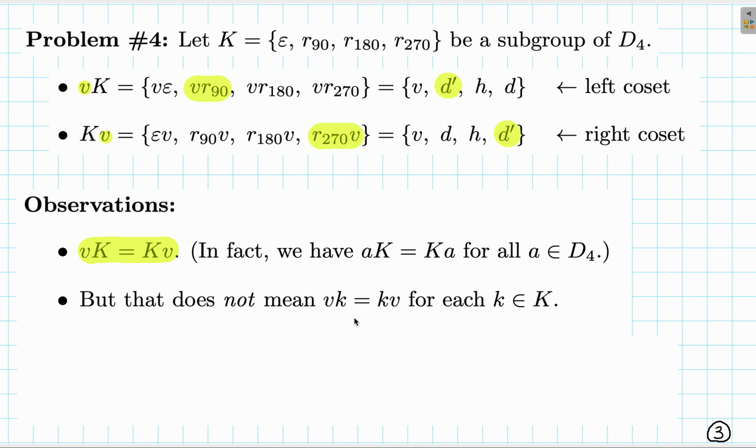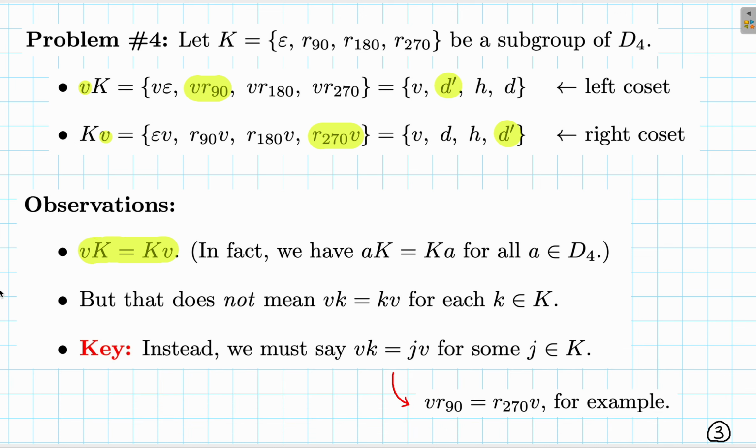So instead of saying Vk equals kV for each element little k, what we have to say instead is that Vk equals jV for some element j in the subgroup K. That's the best we can say. So for example, we've seen that V times R90 doesn't equal R90 times V, but it's equal to another element in K times V. In this case, that other element is R270.